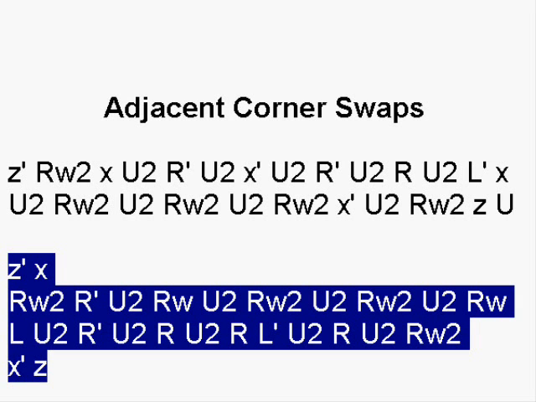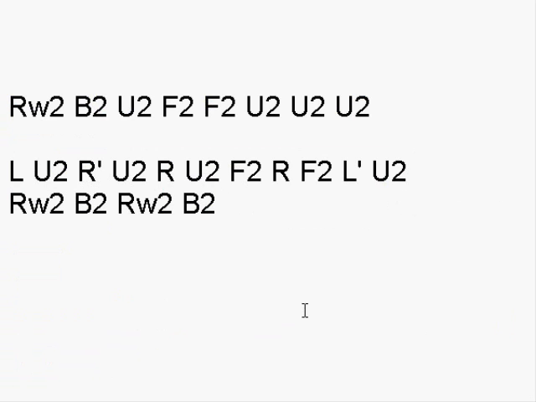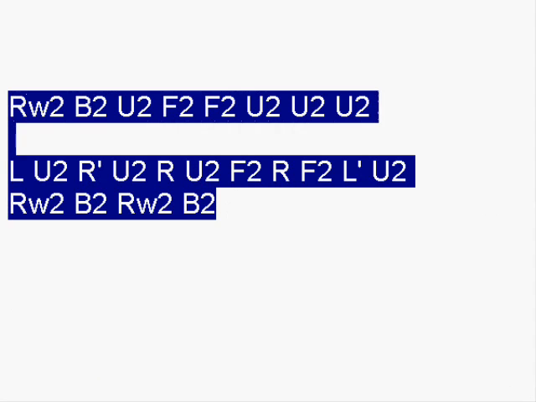And real briefly, before I show you how to derive an algorithm like this with all U2s and R's and L's for the adjacent case, I'm going to show you how to derive a diagonal case. It's very simple. All we have to do is get to this point after we've done the formula and canceled all the moves.